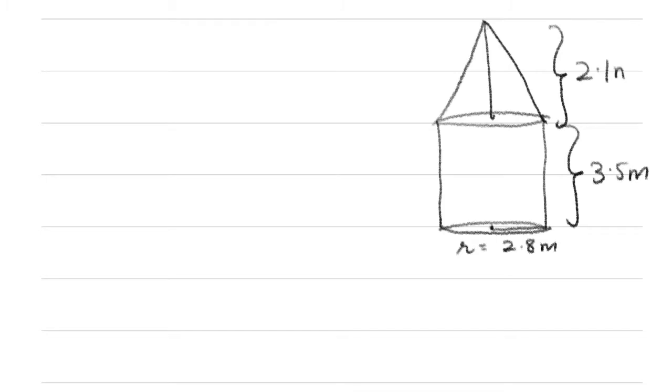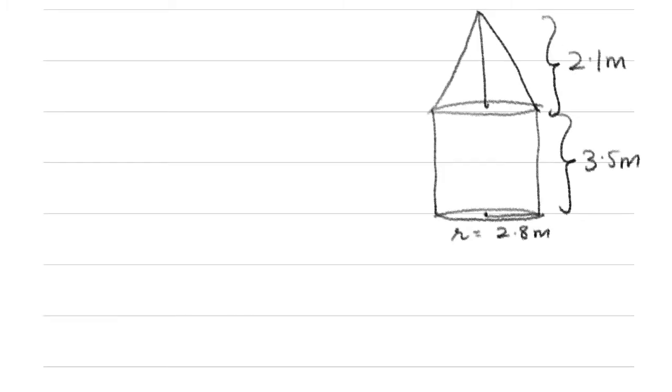We have tents whose base is in the form of a cylinder, and we have a cone on the top, and the radius of this cylinder is 2.8 meter and the height is 3.5 meter, and the height of the conical part is 2.1 meter and the base radius is the same. To find the area of the canvas used here, we have to find the total surface area of this tent.